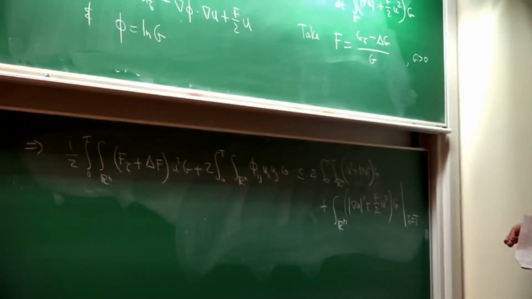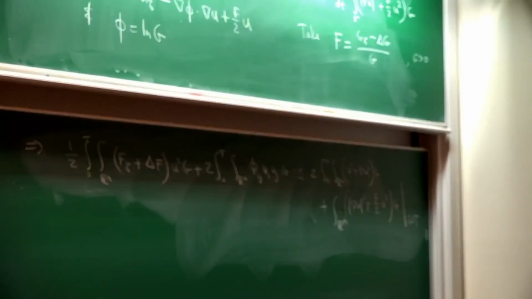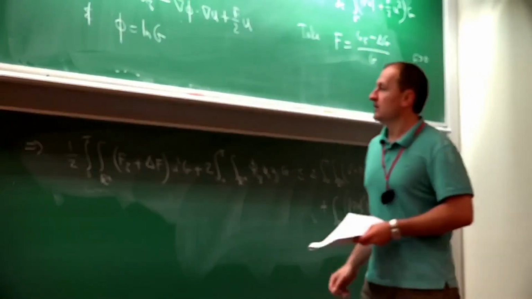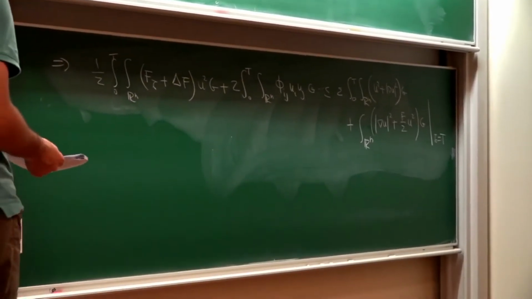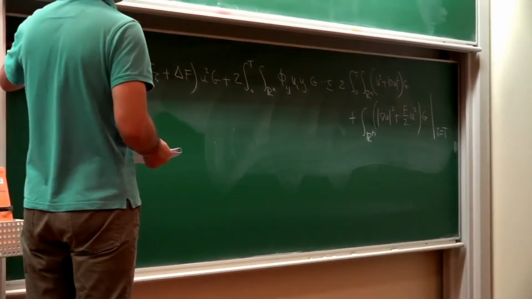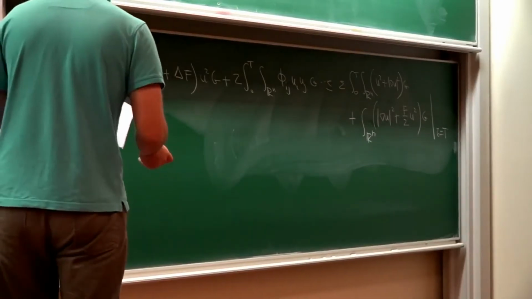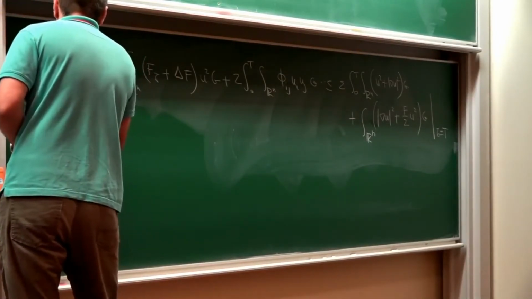So now, what f and what g and phi do you take? Well, it depends. There's not necessarily a unique choice, right? So it depends on what you want to achieve. So let's look at the following g.